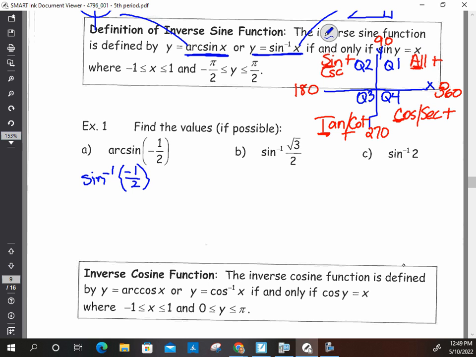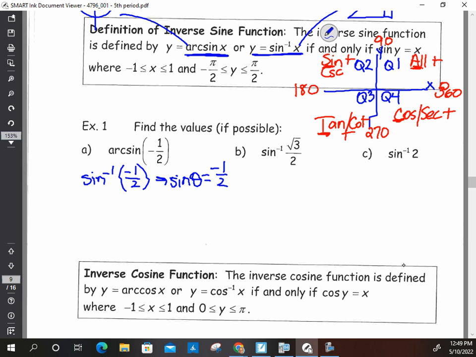This is a fancy way of saying sine inverse. So remember, sine inverse of -1/2 means what angles do I need so that sine of it would give me -1/2. That's what that represents. So the first thing you need to ask yourself is, what quadrants can sine be negative in?